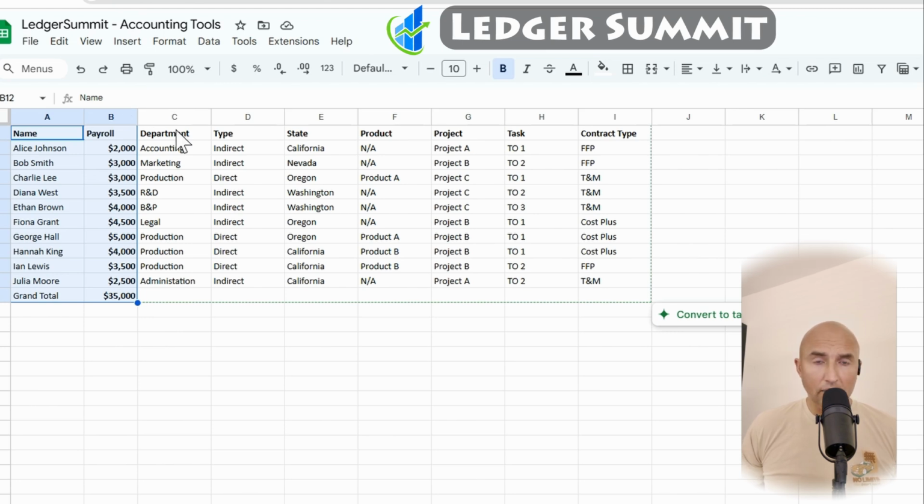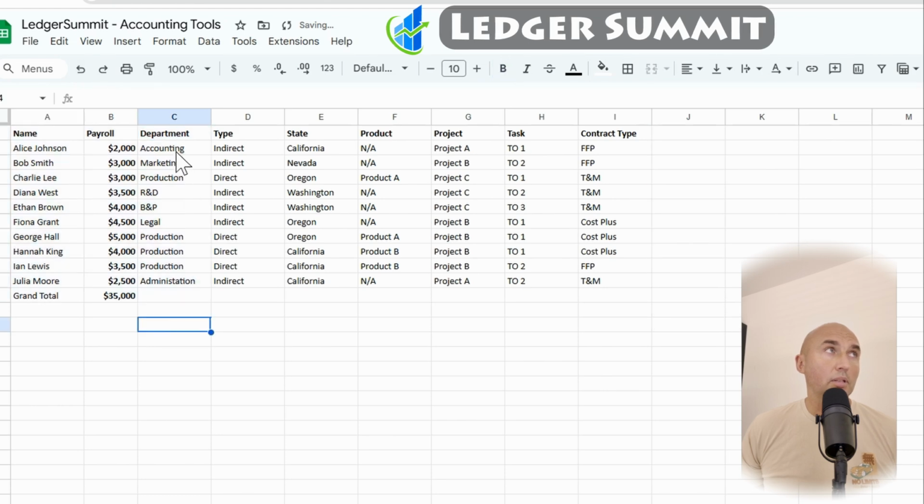So the first level of segmentation is department. I'm creating a sample of what kind of departments these people can belong to, and I'm assigning every person to a department. So now we can have AI create some sort of summary for accounting, marketing, production, R&D, BMP, legal, and others. So now AI with that segmentation can do that analysis, but you can do more.